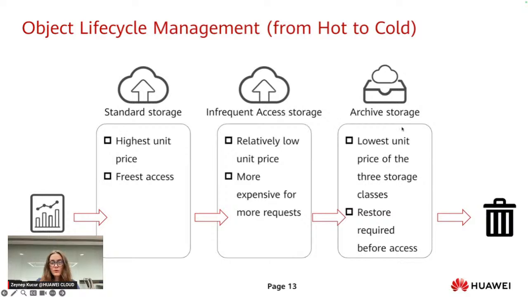It will cost more if you need to access it a lot. And the archive storage is the cheapest one here, but you need to restore data before you can access it. It's ideal for stuff you don't need regularly. Think of this like moving data from hot to cold, depending on how often you need it, which makes managing financial data efficient and cost effective.